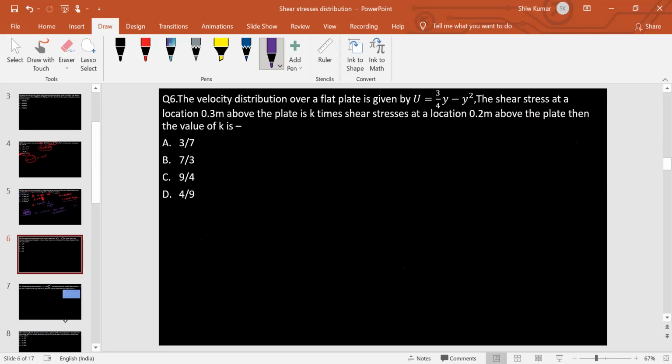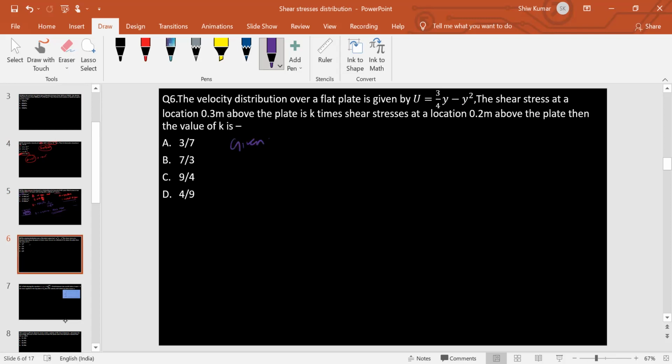The velocity distribution over a flat plate is given by u equal to 3 by 4 y minus y square, and the shear stress at a location 0.3 meter above the plate is k times the shear stress at 0.2 meter above the plate. Then what is the value of k? You need to find it.